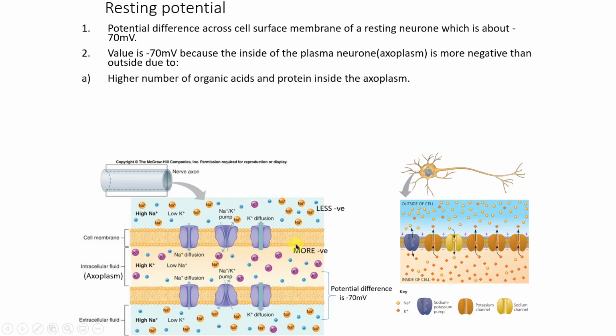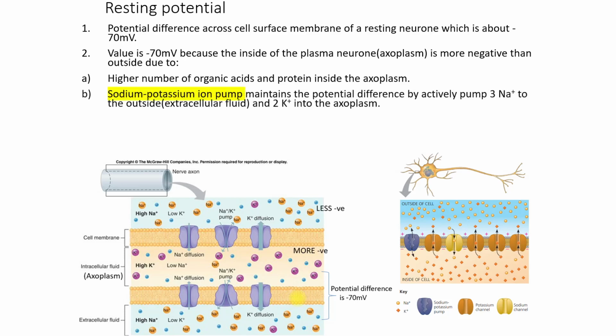There are three factors here. First is the higher number of organic acids and proteins inside the cytoplasm. Then the sodium potassium ion pump maintains the potential difference by actively pumping 3 sodium ions to the extracellular fluid from the cytoplasm and pumping 2 potassium ions into the cytoplasm.